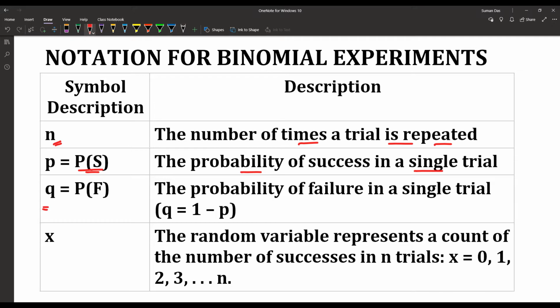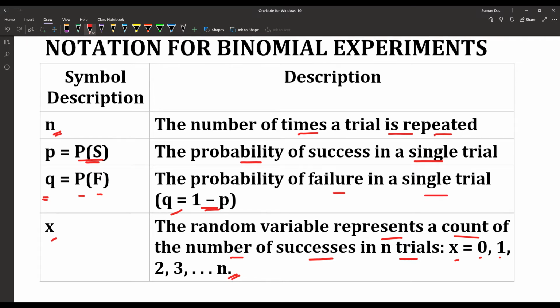Small q is the probability of failure in a single trial, and that is 1 minus p. And small x, the random variable, represents a count of the number of successes in n trials, where x is equal to 0, 1, 2, 3 up to a finite number, that is small n.